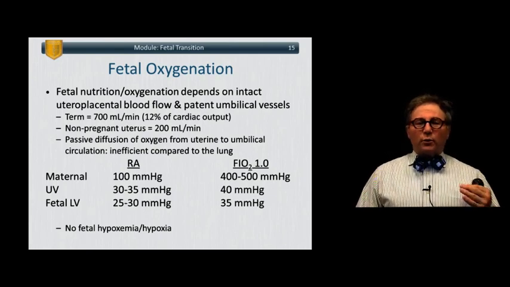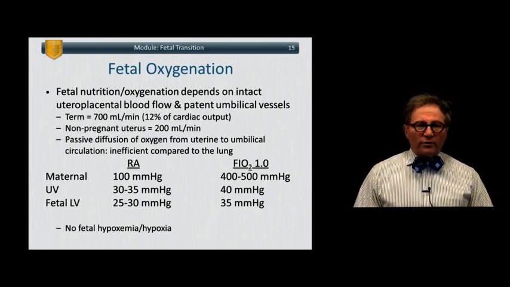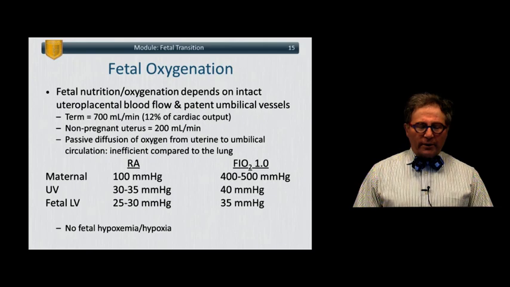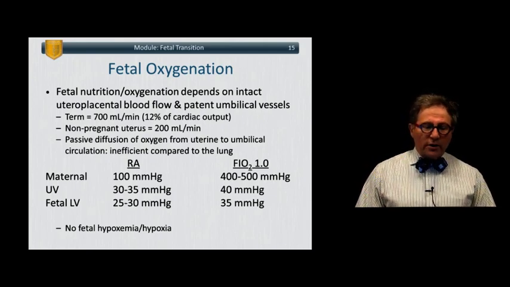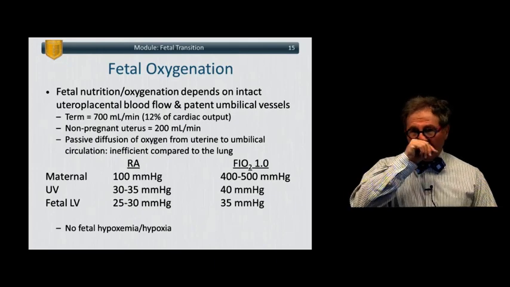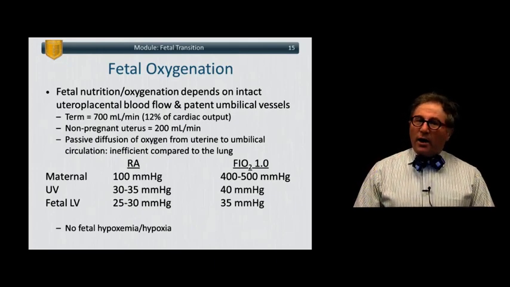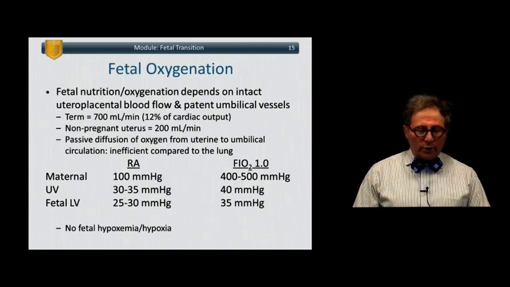So it really reinforces the importance of that uterine blood flow to ensure that adequate gas exchange occurs to the fetus in utero. And that gas exchange, the oxygen, moves by passive diffusion from the uterus to the umbilical circulation. However inefficient it may be compared to the lungs, it is the sole organ.